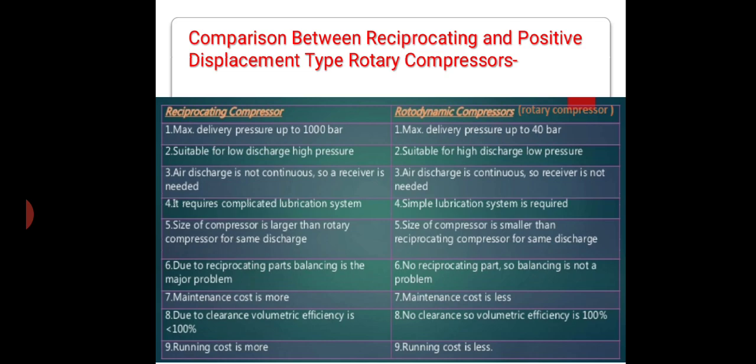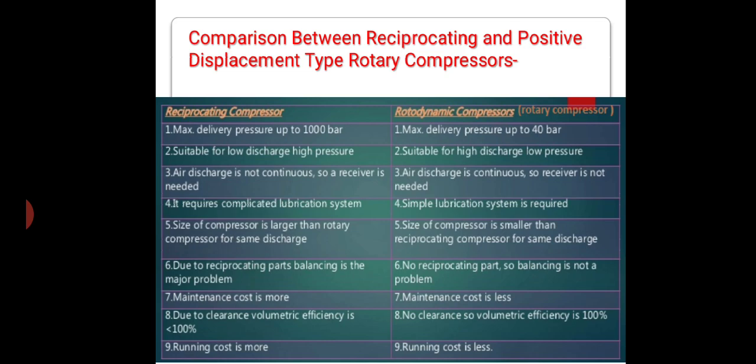So a receiver is not needed in the rotary compressor. Complicated lubrication is required in the reciprocating compressor, but in the rotary compressor a simple lubrication system is required. The size of the reciprocating compressor is larger than the rotary compressor, which is smaller.